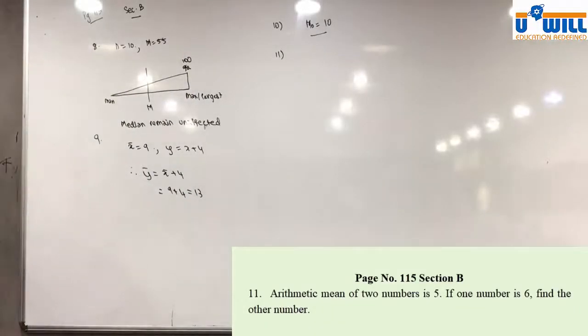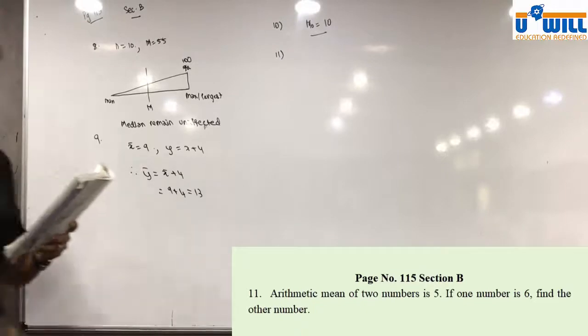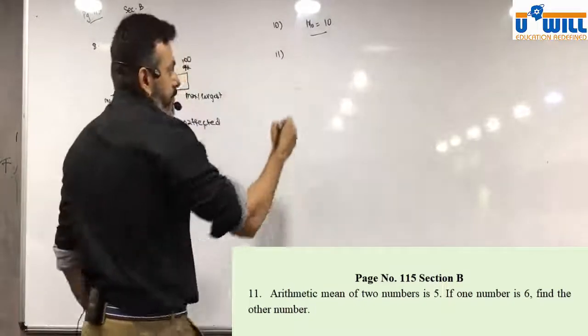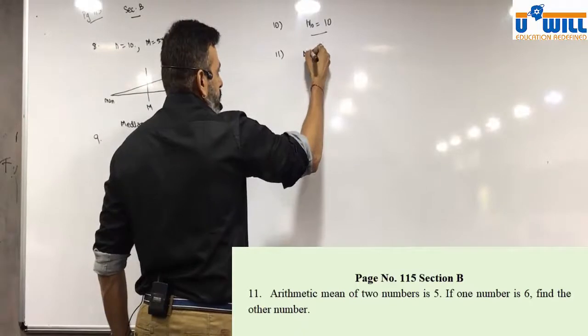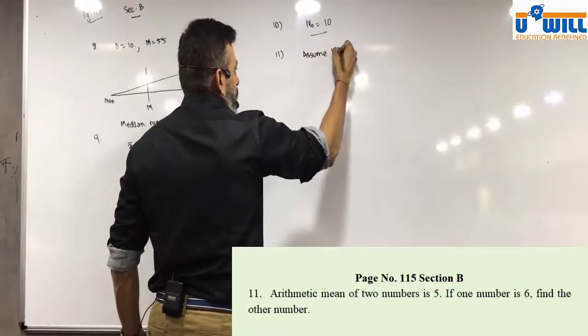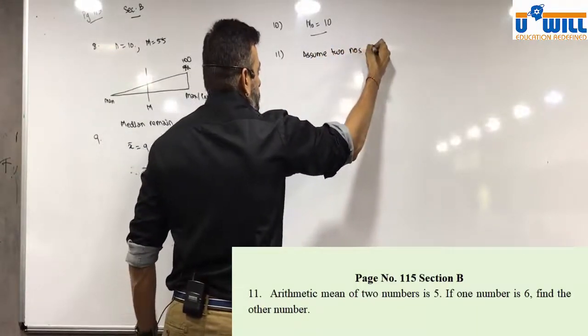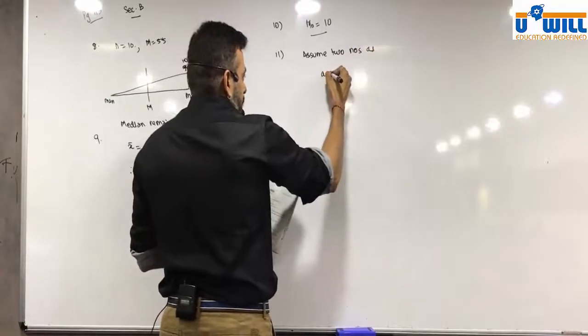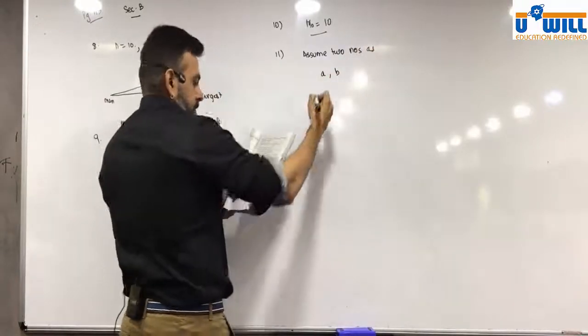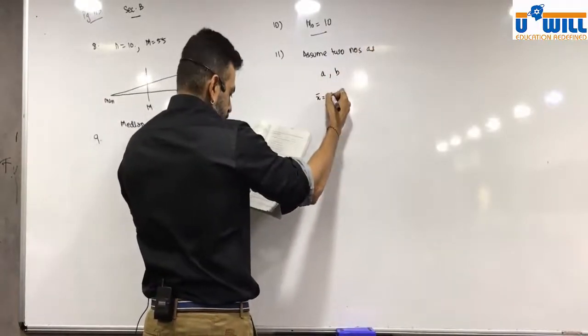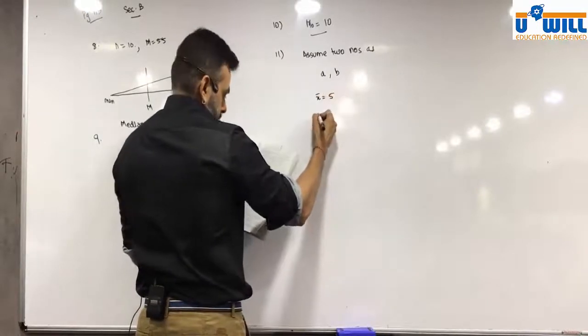11th. Arithmetic mean of two numbers is 5. If one number is 6, find the other number. So we say, assume two numbers as A and B. Mean of two numbers is 5.